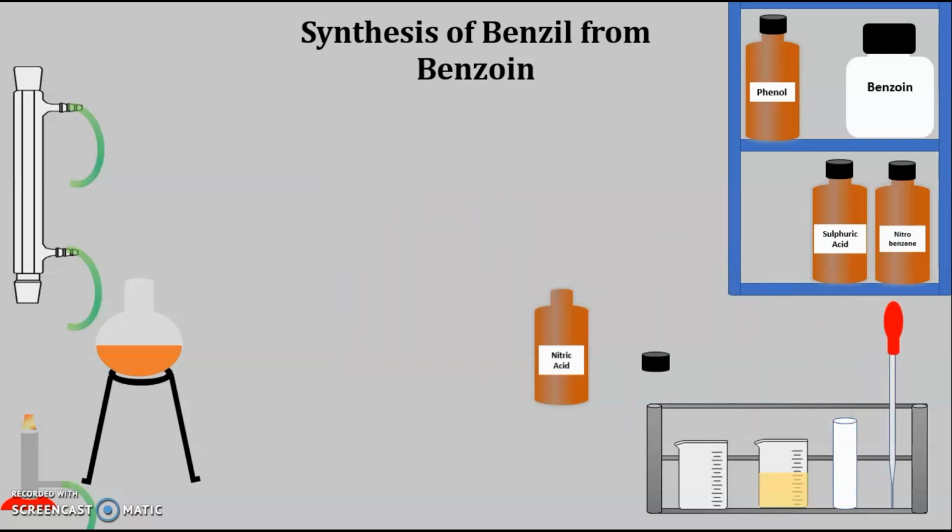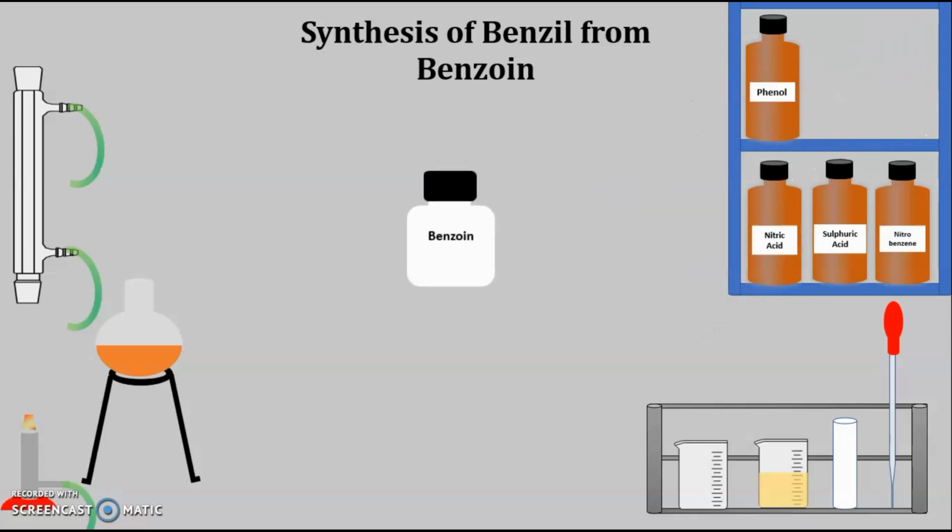The second chemical required for this reaction is benzoin. We will take this bottle of benzoin with the help of the spatula, measure the exact quantity with the help of the balance, and transfer it into the RBF.